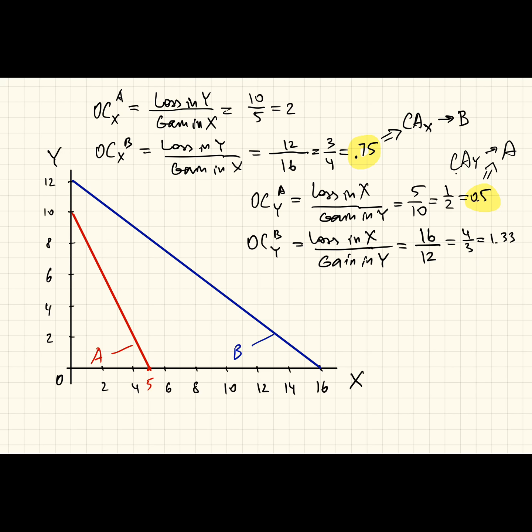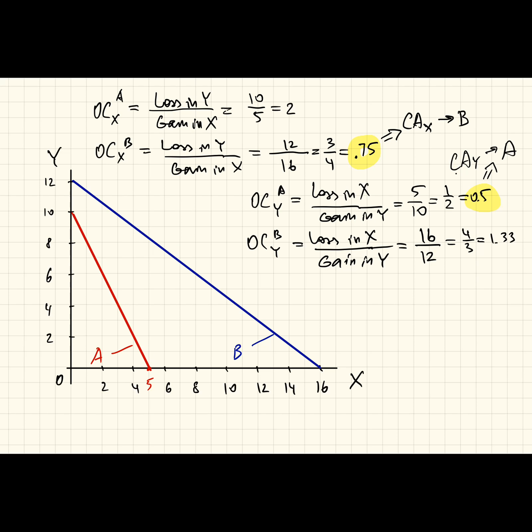So for example, let's look at these two PPFs for these two people. This picture is similar to the one we just saw, but it's more specific. We can see some numbers here. And let's figure out who has comparative advantage in making good X and who has comparative advantage in making good Y. Technically, we need to calculate opportunity cost for each person, for each good.